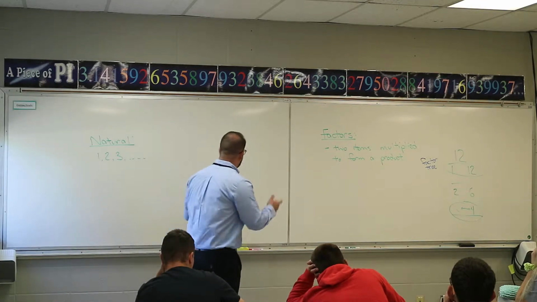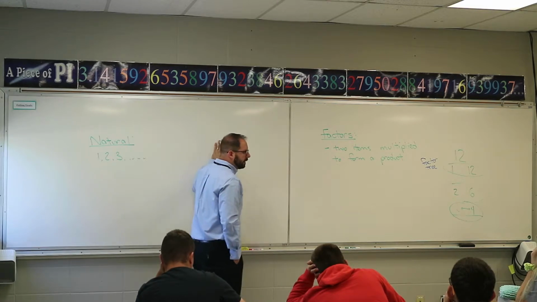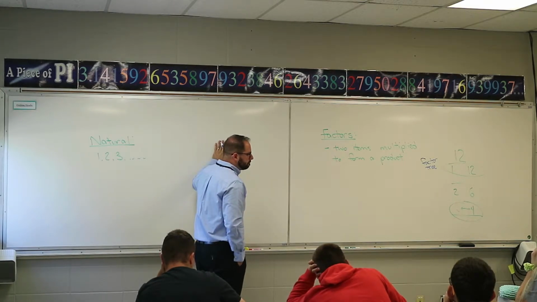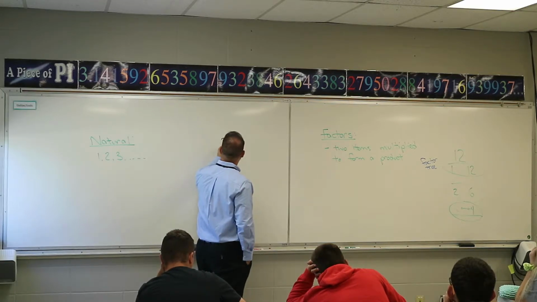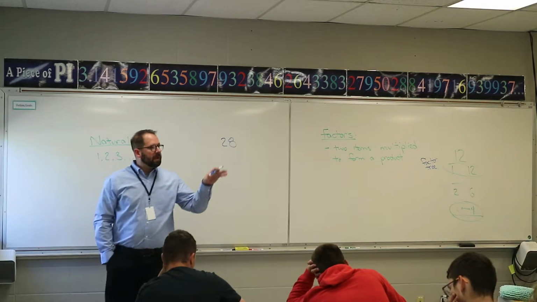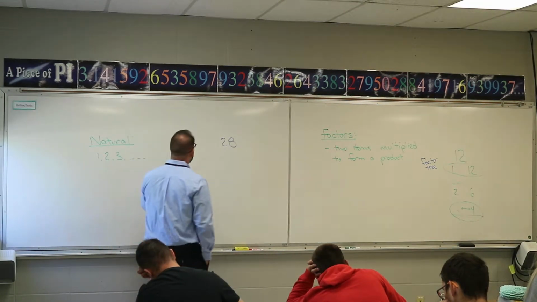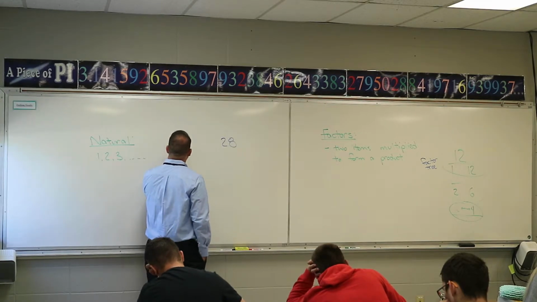So, for instance, let's say I went with a number, I don't know, let's go with 28. Oh, kind of a weird number. Okay, so now this method is different. I'm not going to start with 1. What I'm going to think about is, this method is called prime factorization.